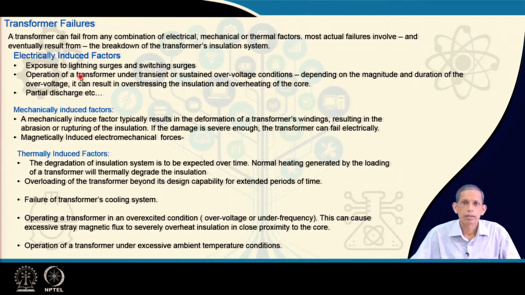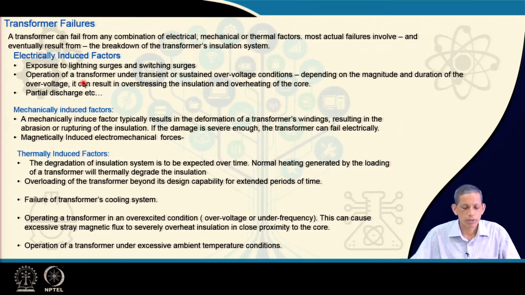Lightning is related to very high surge, even switching surges sometimes become very high, and if they come to the transformer terminal, that may deteriorate the corresponding insulation and lead to failure of the transformer.